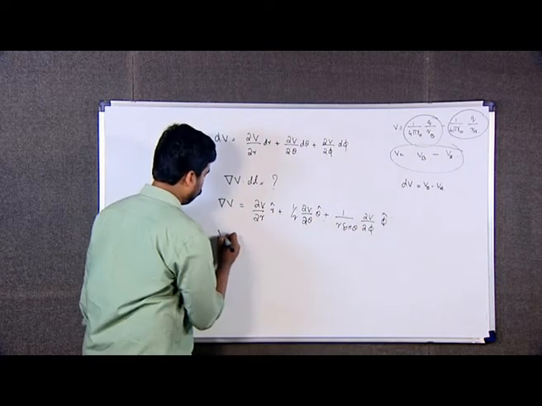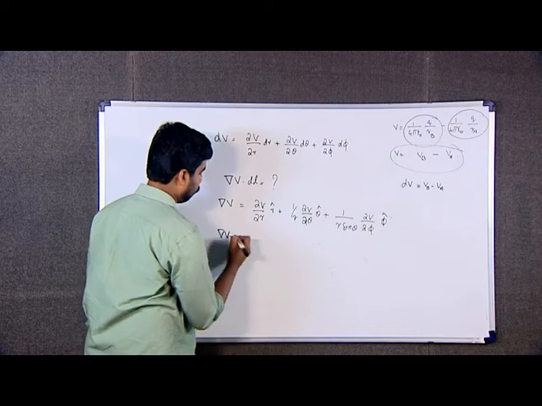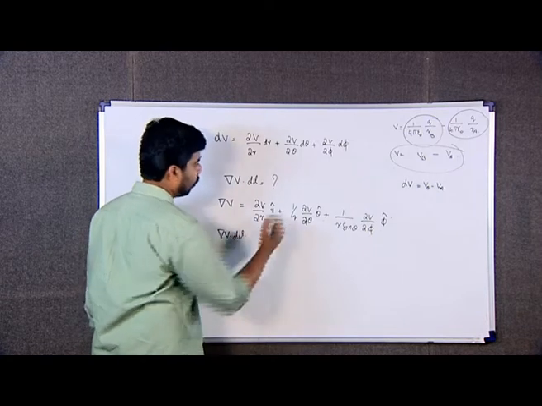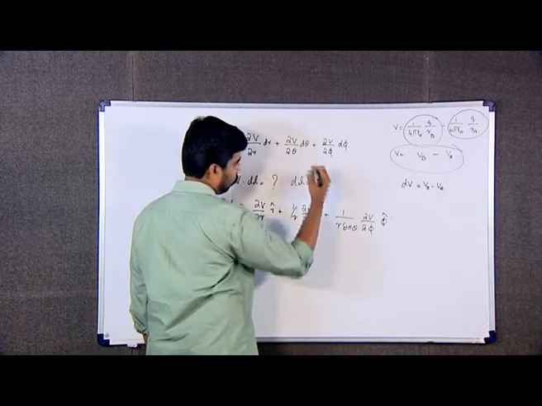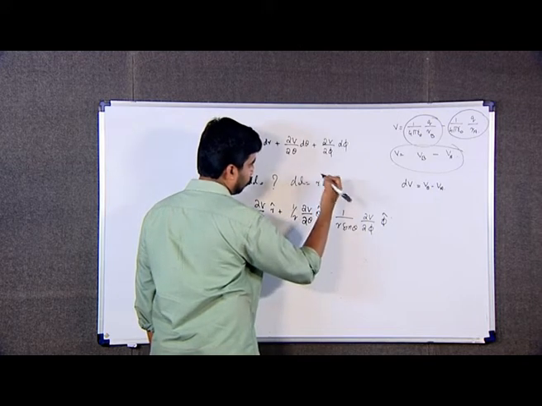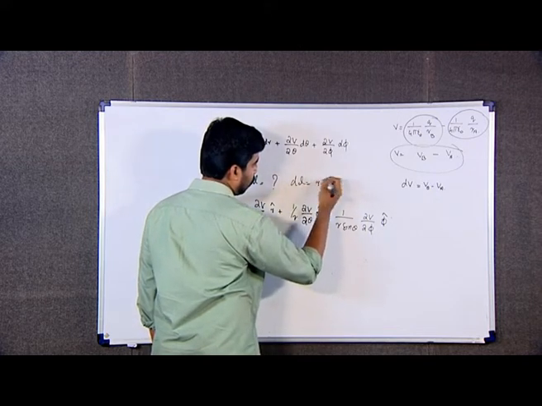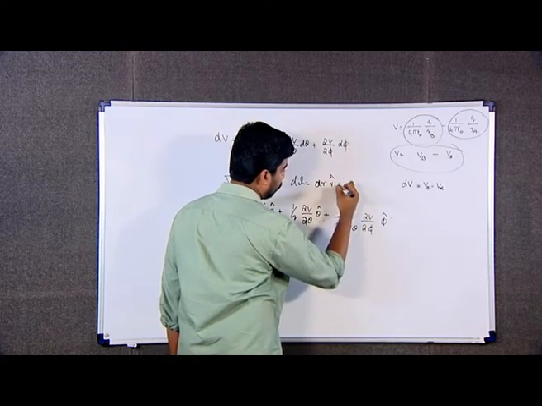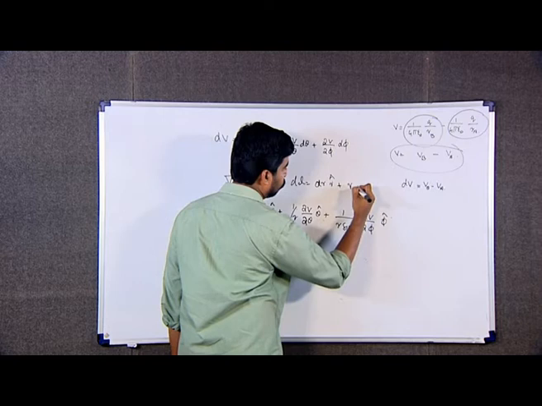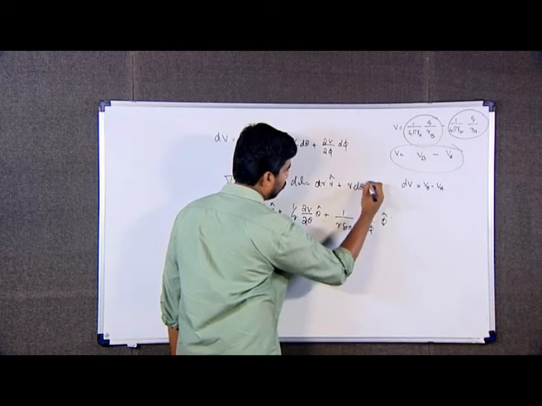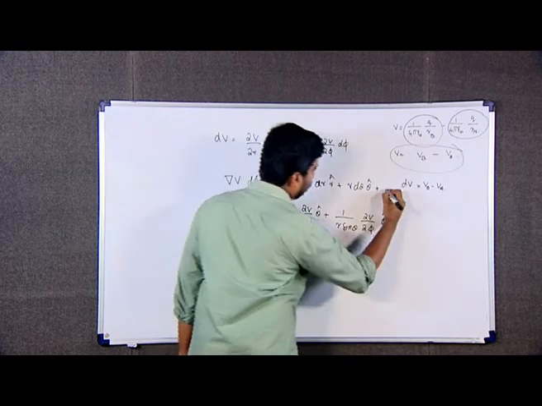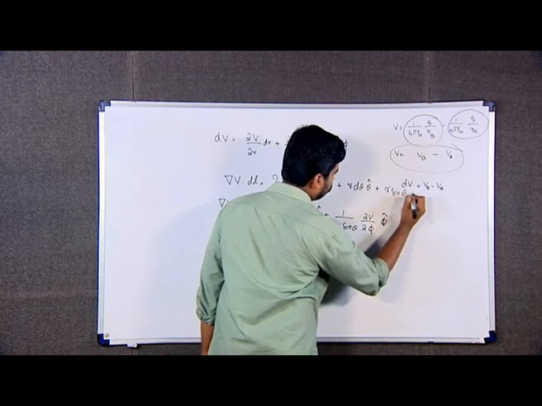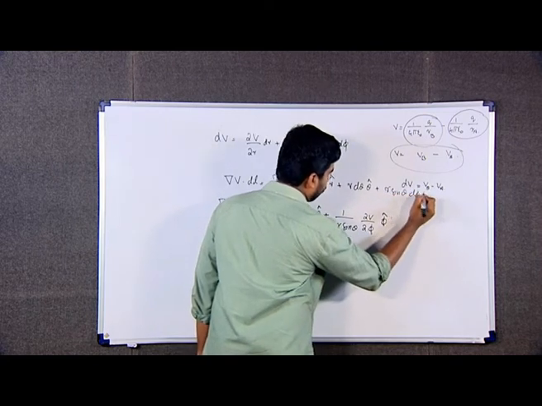So, what is del V dot dl? We know that dl is equal to R cap into dr plus R into d theta into theta cap plus R sin theta into d phi phi cap.